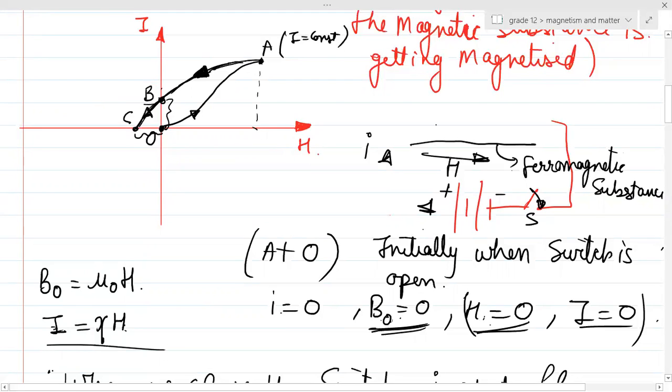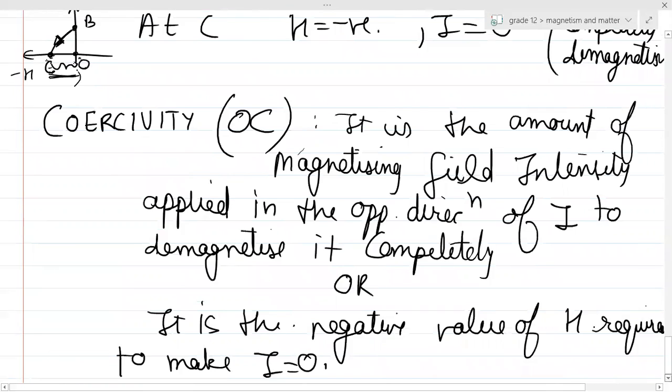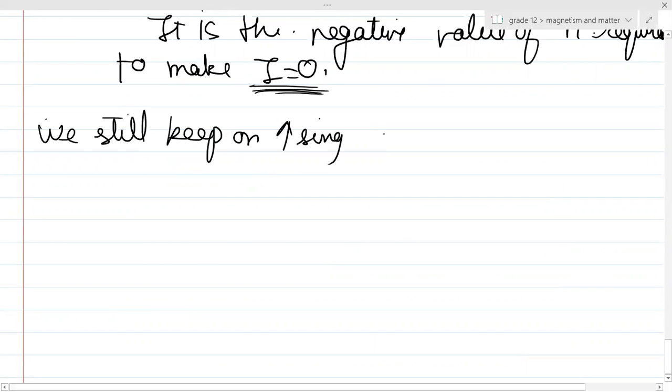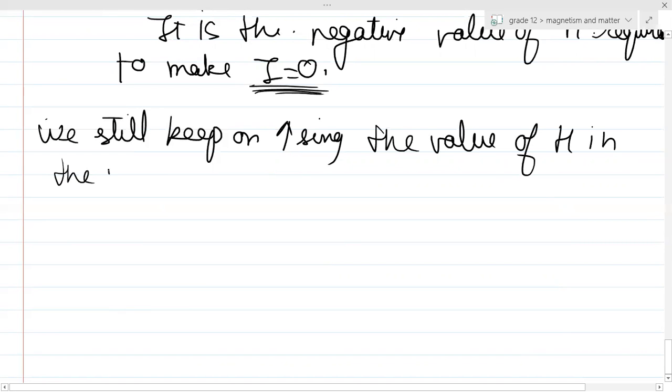Okay. And now what happens? Still, you don't stop when the retentivity, this intensity of magnetization becomes zero. Don't stop. So we still keep on increasing the value of H in the negative direction.